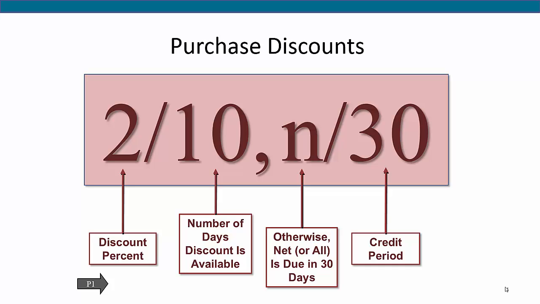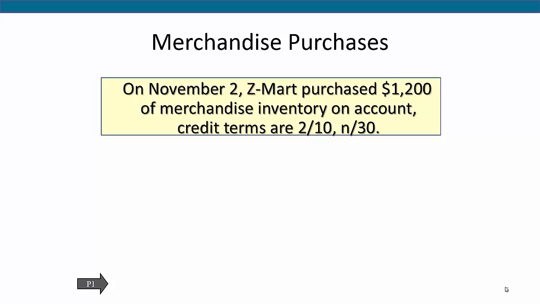With that in mind, let's review a couple journal entries to record the purchase discount. When we purchase inventory, we debit the asset merchandise inventory for the cost of the inventory purchased, and we credit either cash or accounts payable. Now, this entry is similar to the entry we would make if we purchase any asset, like a truck or like land.